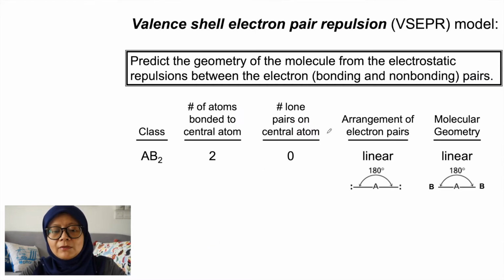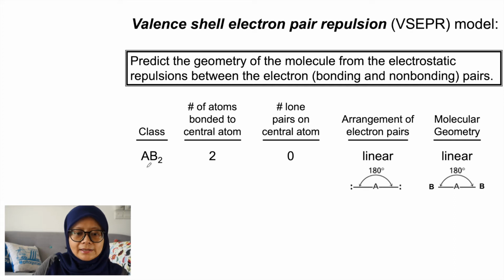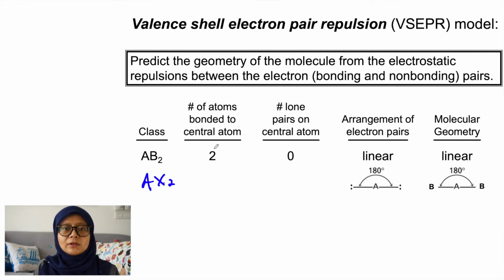So for the first one, let's go to the linear shape or linear geometry. For this linear shape, the angle is actually 180 degrees. The class is AB2, or you can write it down as AX2. So how many atoms are bonded to the central atom?